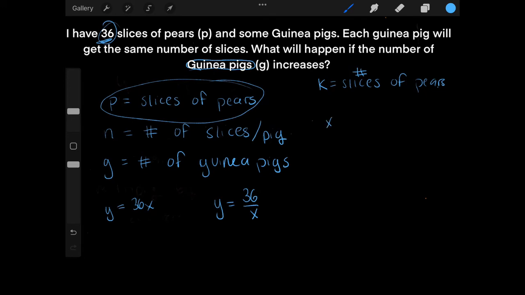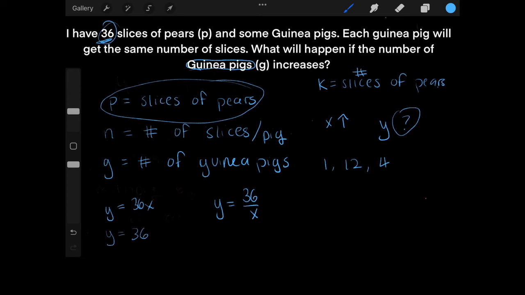So if x goes up, what will happen to y? So we have a question mark here. Well, let's try a few values and see what happens. We'll use 1, 12, and let's use 4. So, for the first value, we have x equals 1.